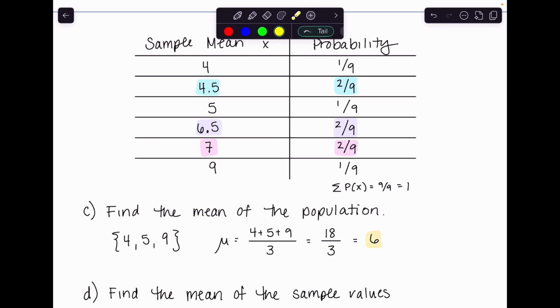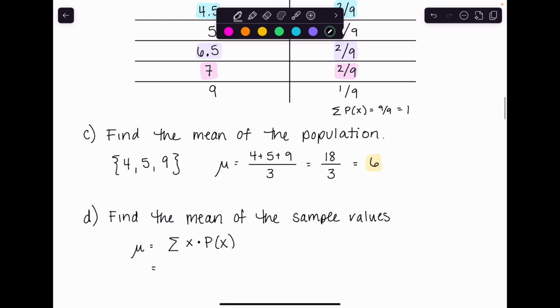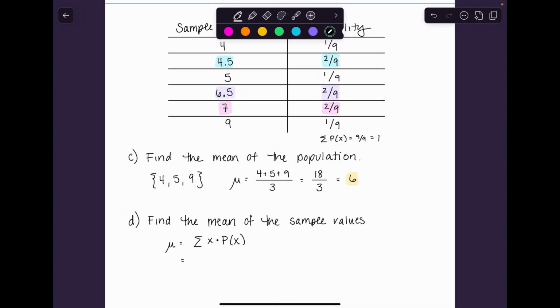So I want to see, when I created these samples and used these sample means, does this distribution give me the same mean? And if you remember, the way we find that is we sum up each random variable multiplied by its probability. So I look at every value that the sample mean takes on, and I times it by the probability that it can occur. So I'm going to zoom out a little so I can see everything all at once.